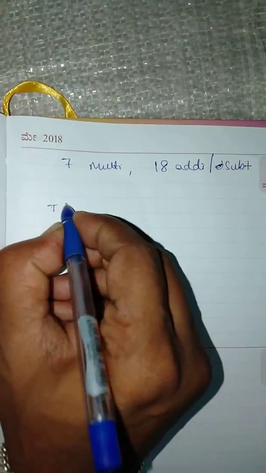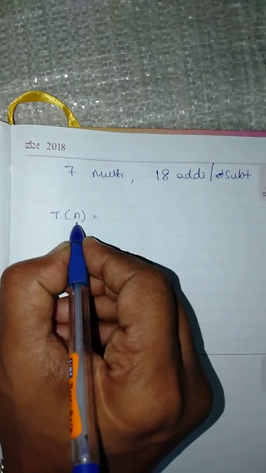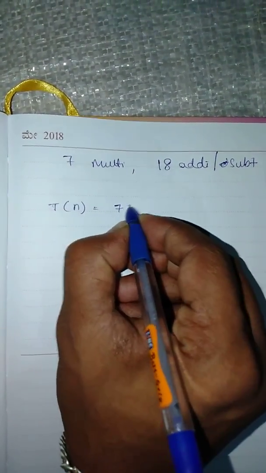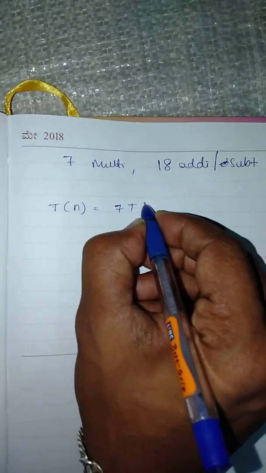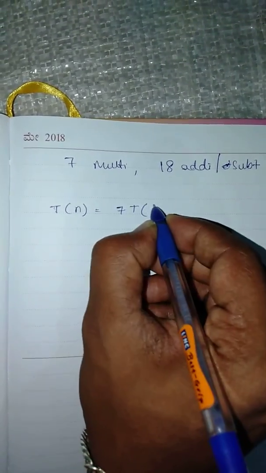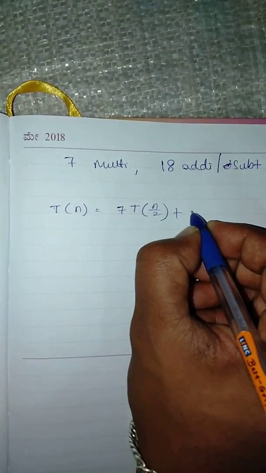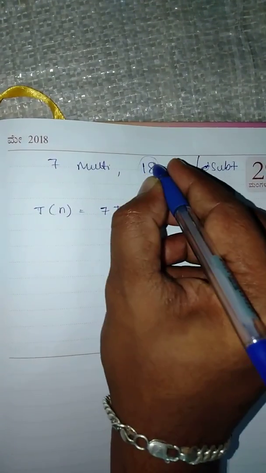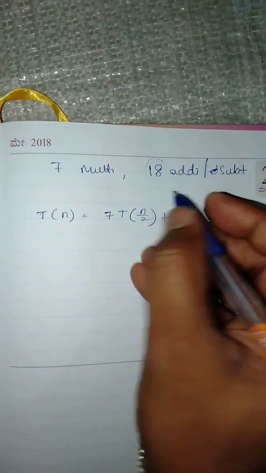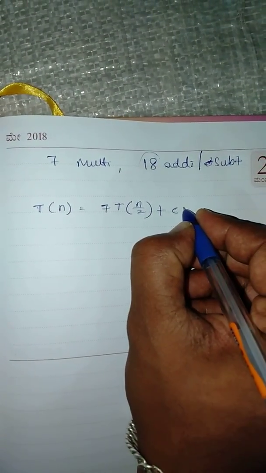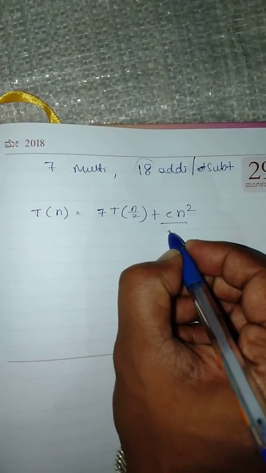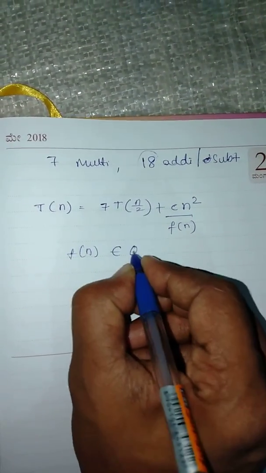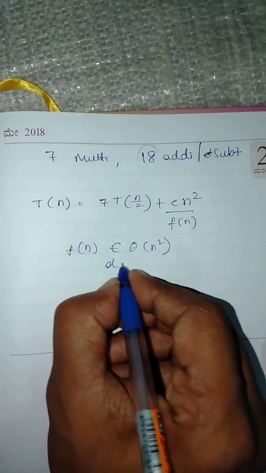If you recursively apply this for a matrix of order n by n, then T of n is given by 7 multiplications, each of a submatrix of size n by 2, plus additions and subtractions. In this case I take 18, in another case it will be another value, therefore I will take c, and the order of growth is n square, which is f of n. So f of n belongs to big theta of n square, I mean the d value is 2.